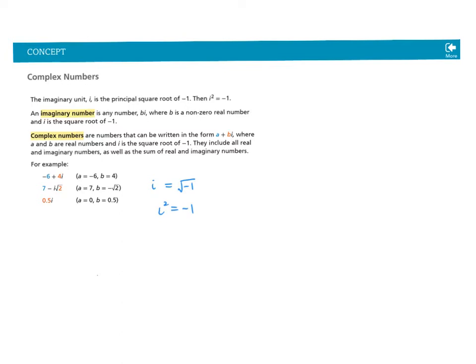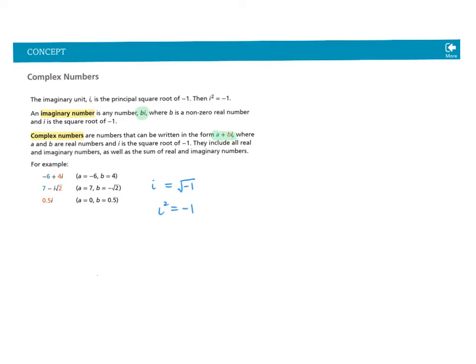So this i represents an imaginary number. There can be a coefficient, which we call bi, where b is a non-zero real number. So b has to be a real number. So I can have 2i, 3i, and so on and so forth. Now, a complex number can be written in the form of a plus bi.